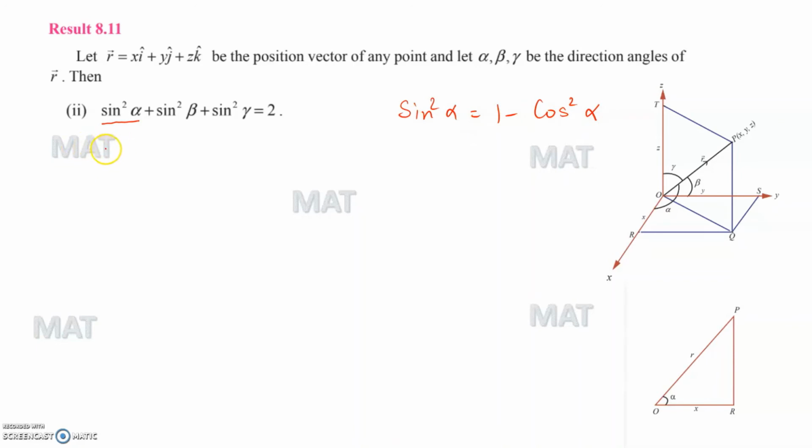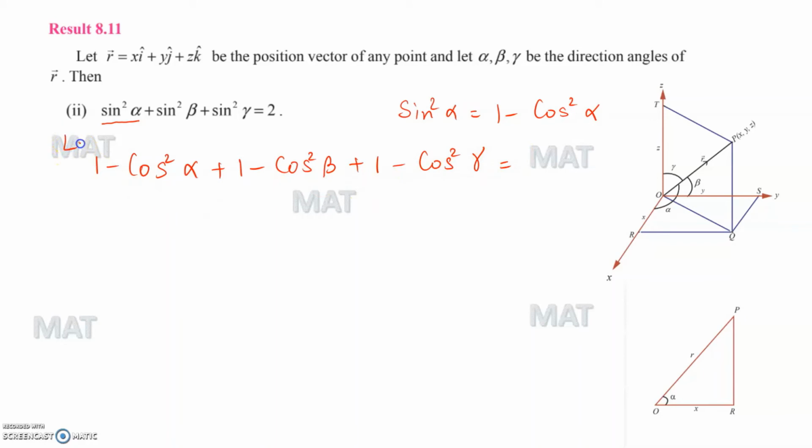So let's replace sine squared alpha as 1 minus cos squared alpha. Similarly, sine squared beta can be written as 1 minus cos squared beta, and sine squared gamma can be written as 1 minus cos squared gamma.